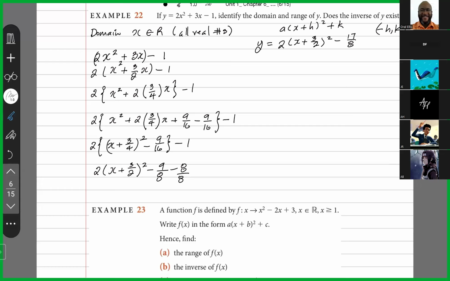So my graph would probably look something like this. It's a parabola, and this is the minimum turning point, which would be minus 3 over 4, which is minus h, and k, which is minus 17 over 8. That's my turning point.